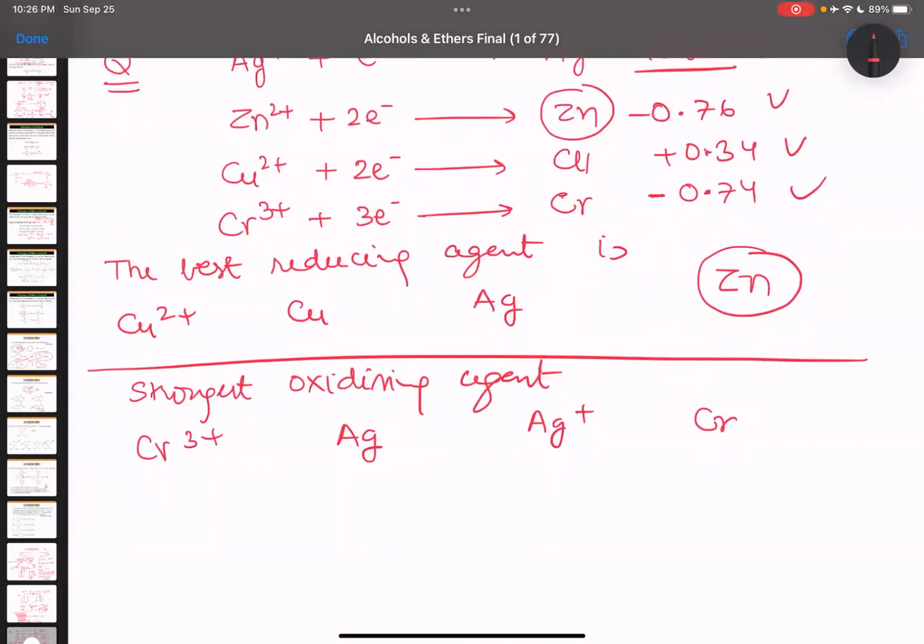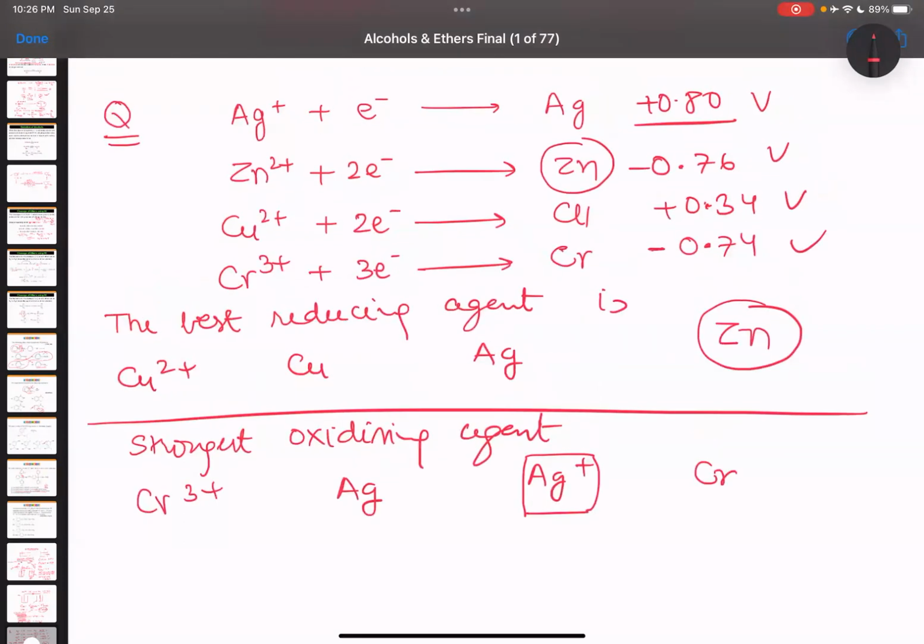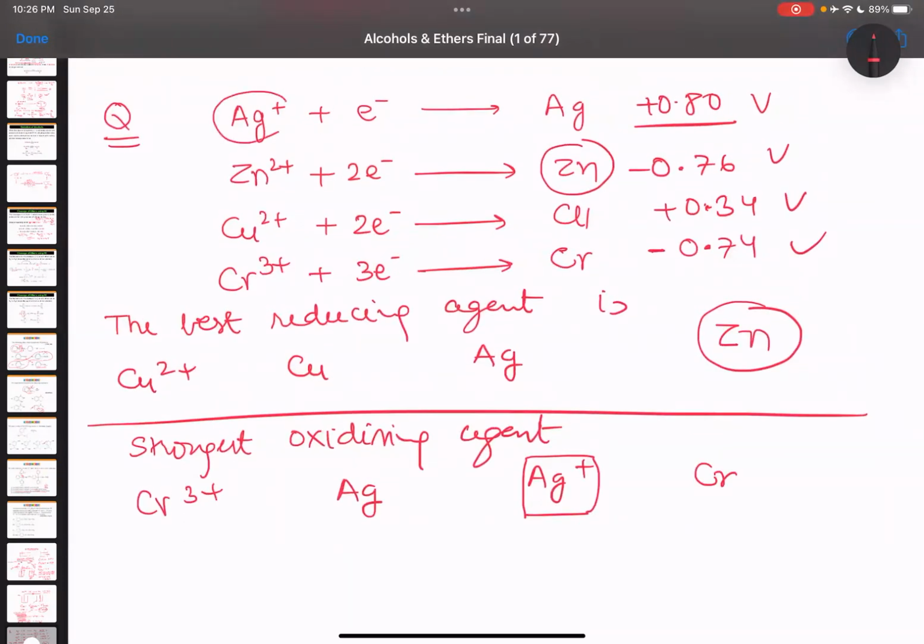Which one is going to be the strongest? Yeah, Ag what? I'm asking which one is the strongest oxidizing agent. The oxidizing agent is the one who needs electron, who takes electron. And always this is the thing which goes wrong. Yeah, it is the Ag plus, because that is the one which is going to accept electrons. Okay. Yeah, right, correct.